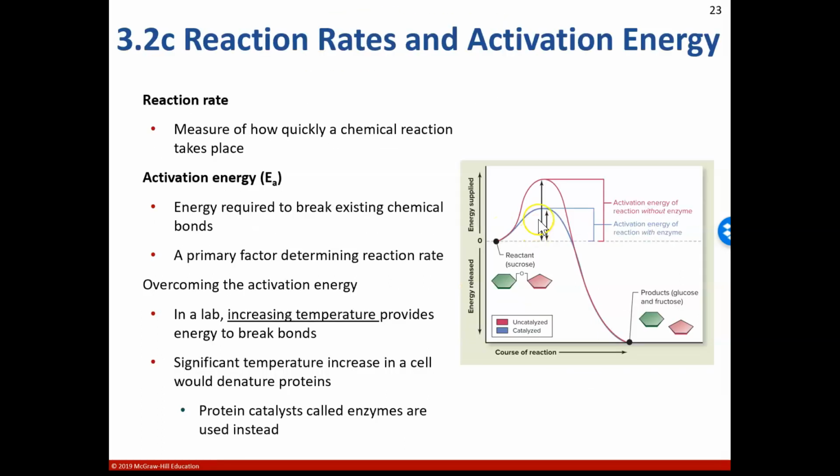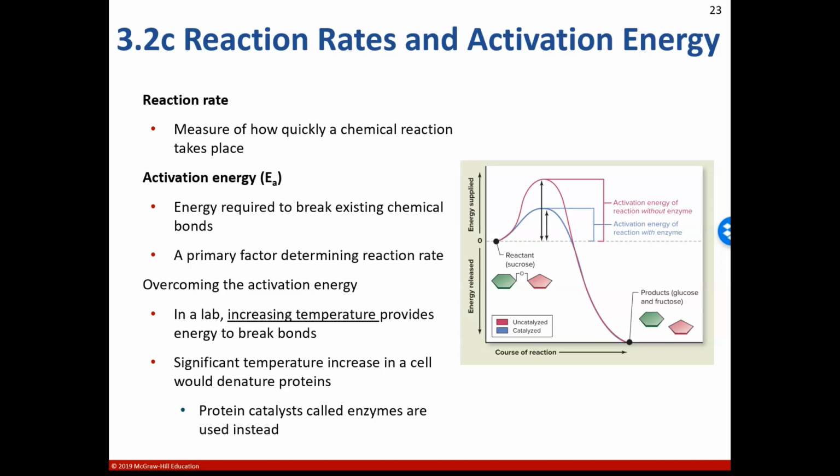So without an enzyme, you could see that it has a greater amount of activation energy that is necessary. When that enzyme is present, we can reduce the amount of activation energy that is needed for the reaction to take place, and that reaction can proceed much more easily and quickly. So this is a primary factor in determining that reaction rate.